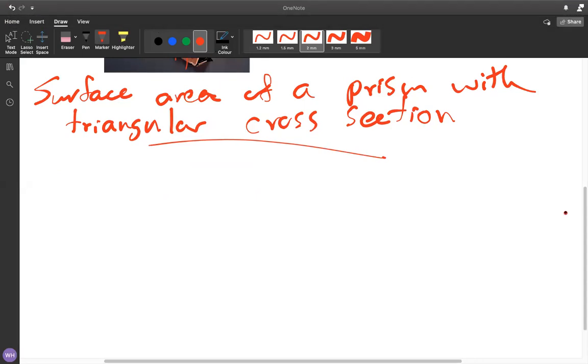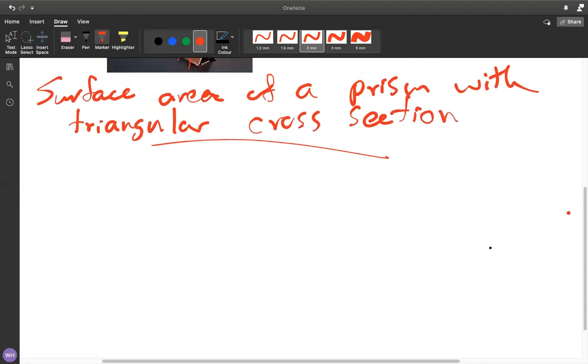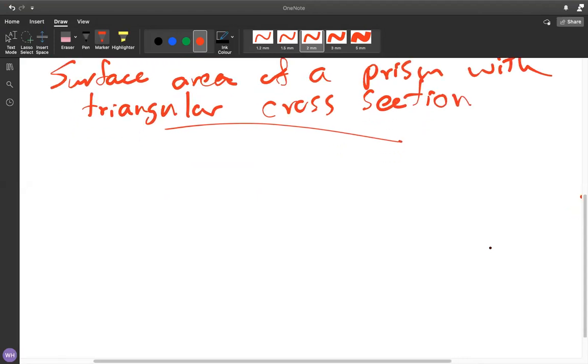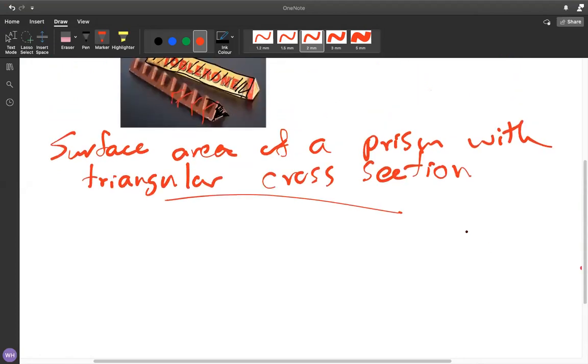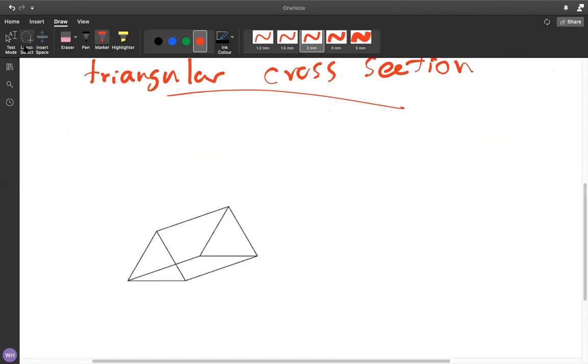හරි? Okay, so we are going to learn about prisms having a triangular cross section. So when we are learning about this, it's a kind of figure like this. මෙන්න මෙහෙම එකක් නේද?